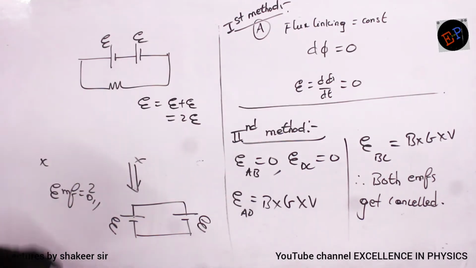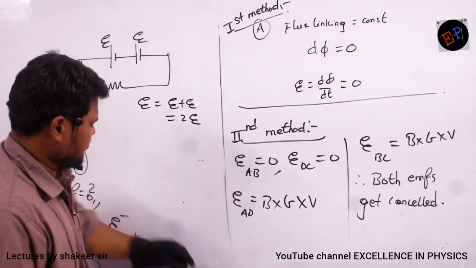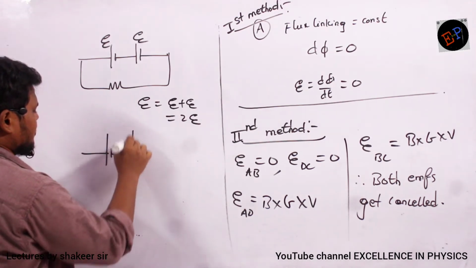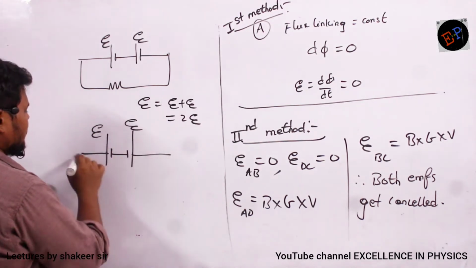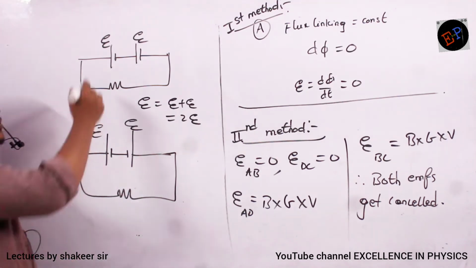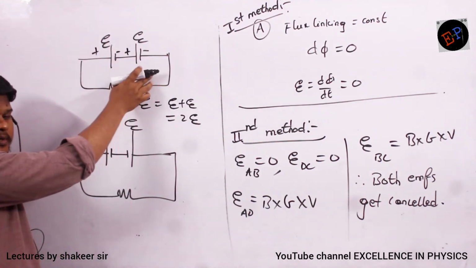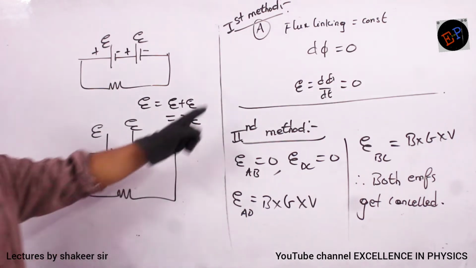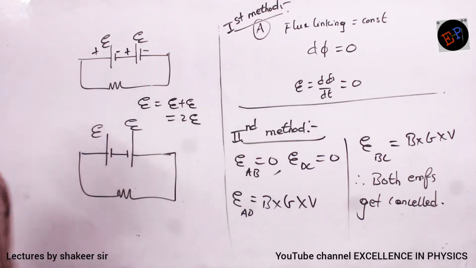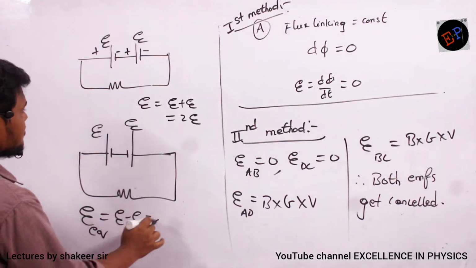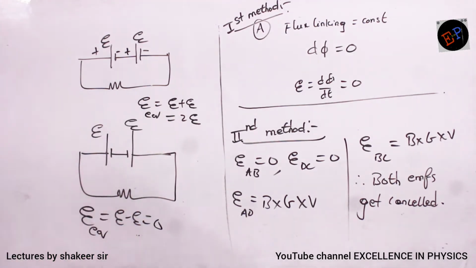But if I give the same connection like this, this is one battery and this is another battery, each of EMF E. Now they will get cancelled with each other because they are connected in opposite polarity, positive to positive. That is the reason why the total EMF is becoming 0. So here the total EMF will be E minus E, which is 0. That is our answer. Fine?